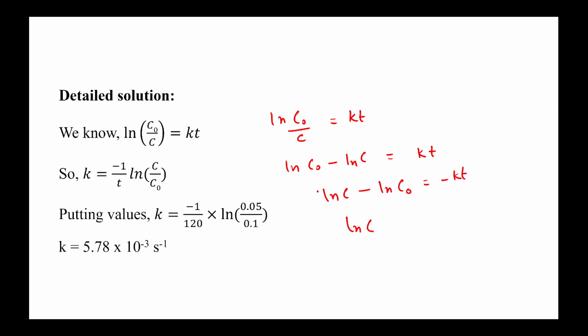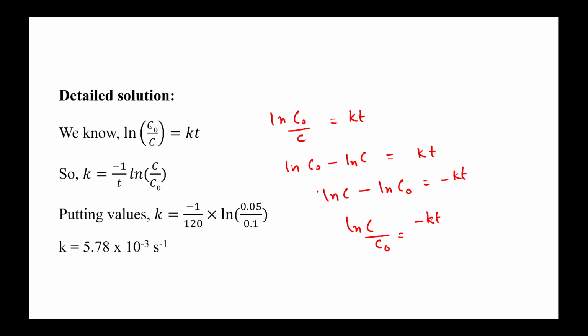And this can also be written as ln C upon C0. This is equal to minus KT. So that is why when you change the numerator and denominator inside the log, the sign will be reversed.